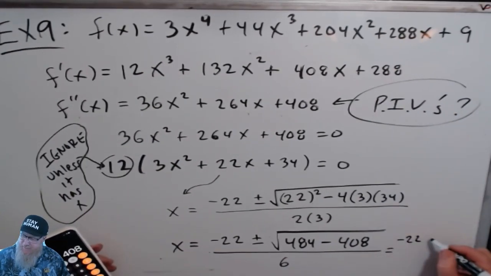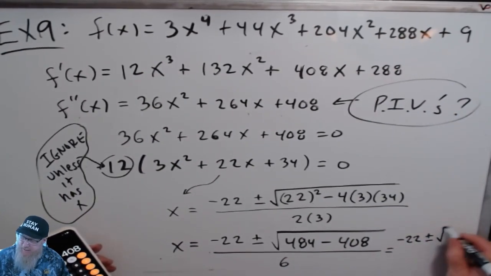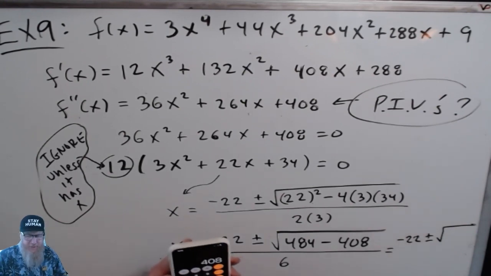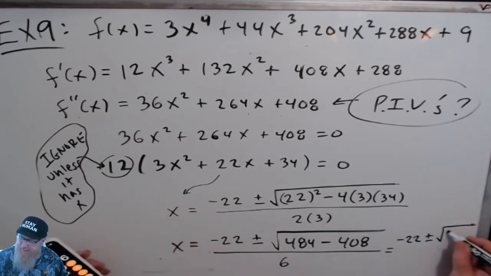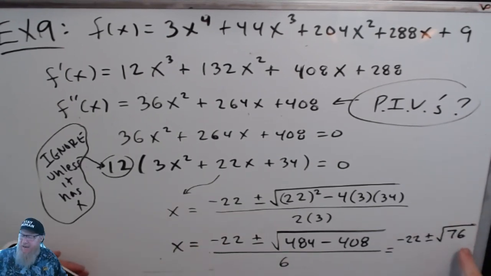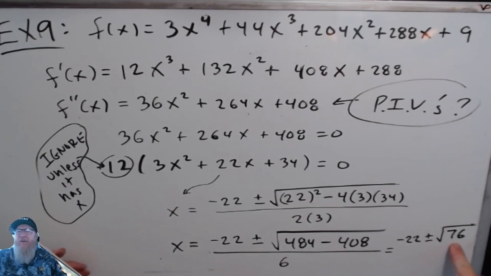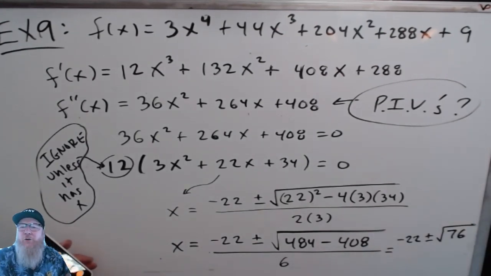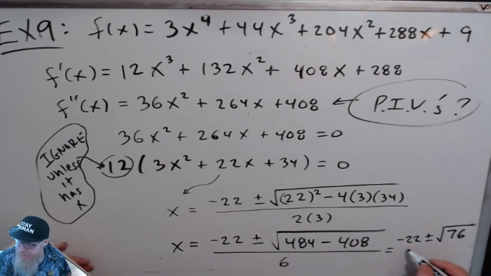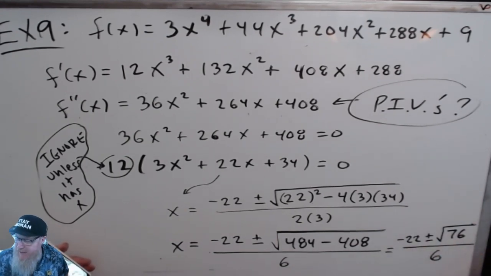So that's negative 22 plus or minus the square root of 76. Now, if that came out to be a negative, I would stop. I wouldn't even keep going. I would just say there are no possible inflection values, so there can't be any inflections. But as long as that's positive, keep going.